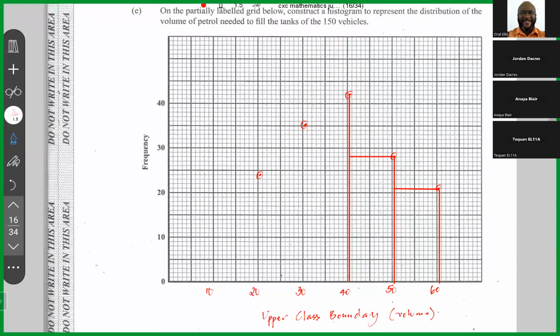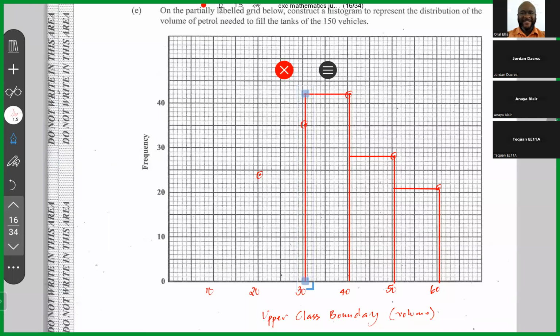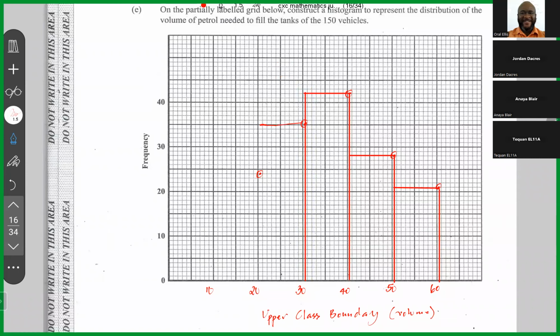All right, so carefully. And be careful to draw that last bar.